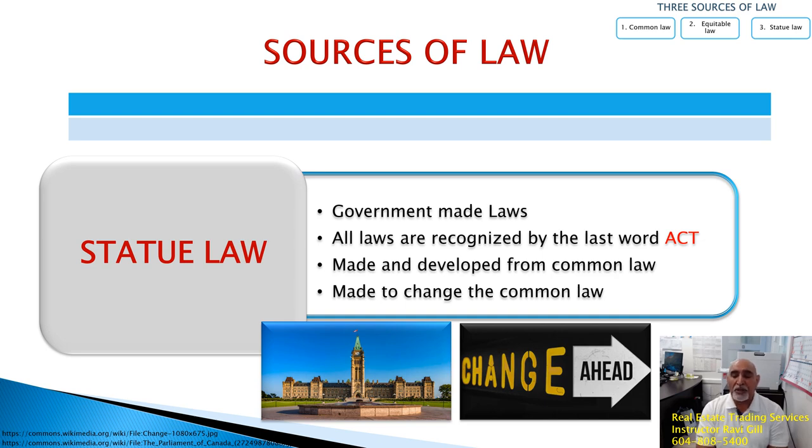From equitable law did not come statute law. Statute law came from common law to change some things in common law, because common law only had one remedy. With statute law, governments could make as many remedies as they wanted, or any remedy connecting to any type of wrongdoing by a person.